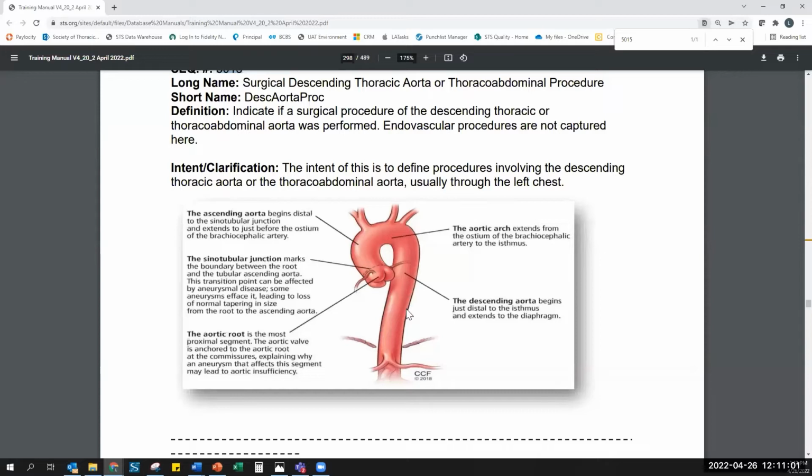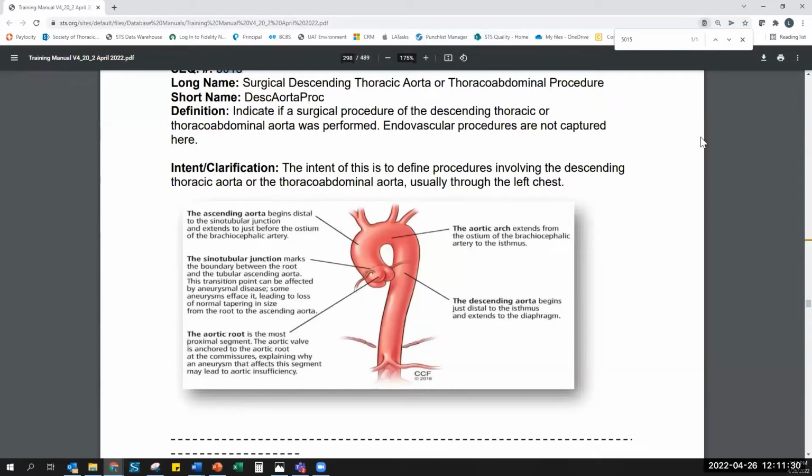So somewhere above the diaphragm, below the arch, starts your ascending, coming down, and then your descending is just distal to the isthmus that extends to the diaphragm. Usually below the diaphragm, you're getting into the abdominal aorta. I think this is where your renal arteries are taking off, right below the diaphragm there.